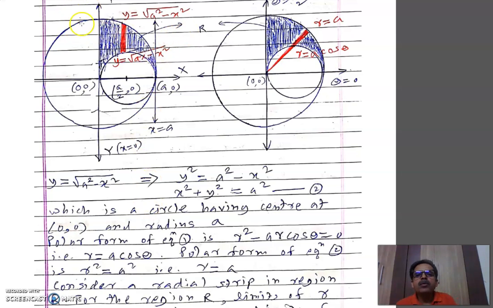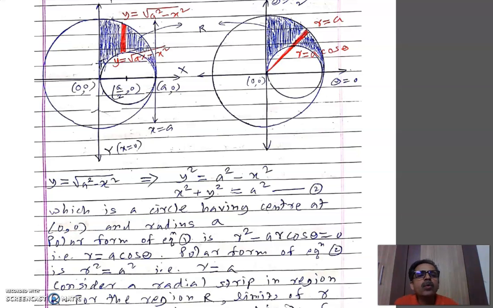In the first figure we have integration with respect to y first, and the second figure represents the same integral in polar form. There the region of integration remains the same, but we have to consider a radial strip in the region R. This radial strip always starts from the pole, that is the origin, and for this problem it will end at the large circle.